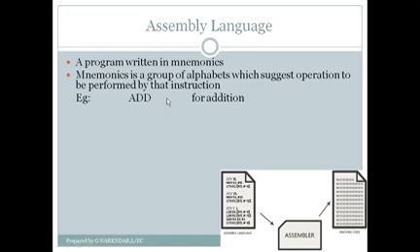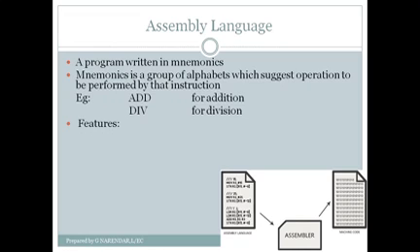And where are the data bytes? That is different, but this mnemonic just indicates the operation called addition. Similarly, we have one more example, where we have the mnemonic DIV, and this mnemonic suggests an operation of division of the two numbers.